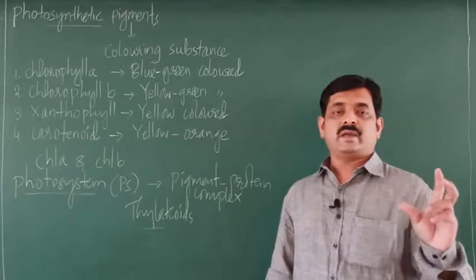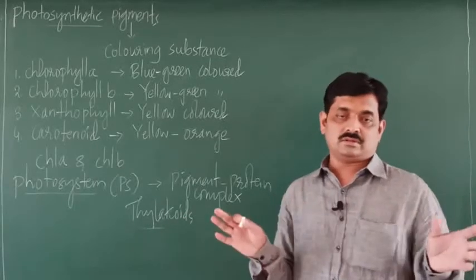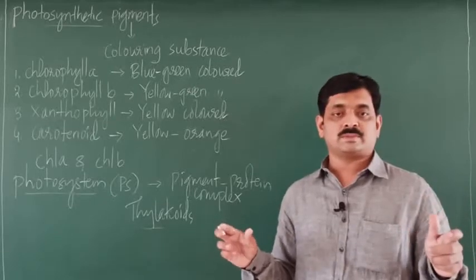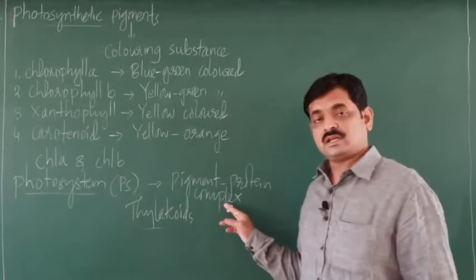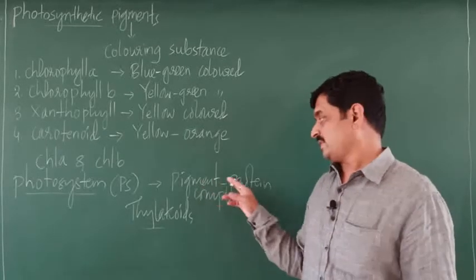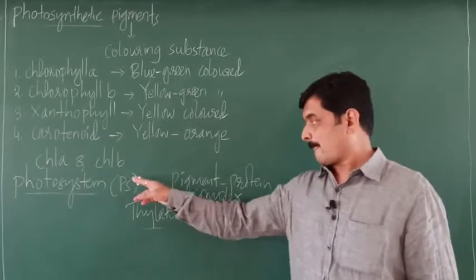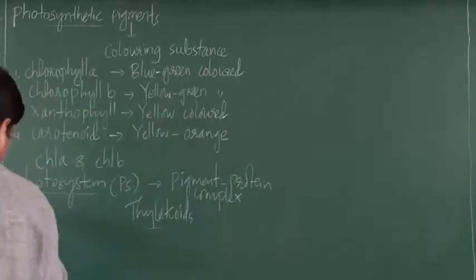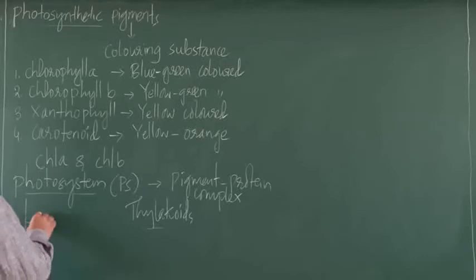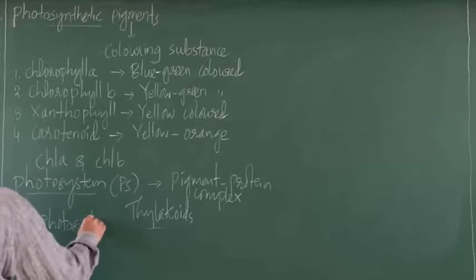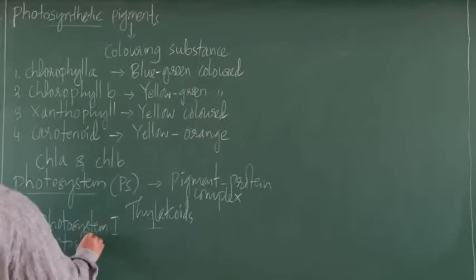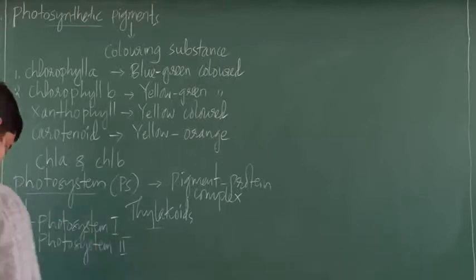Because a pigment and a protein are two different natured substances, right? When two different types of substances are present together, it can be called a complex, right? So it is a pigment protein complex located in thylakoids. It is called photosystem or PS. So photosystem is classified as photosystem 1 and photosystem 2.